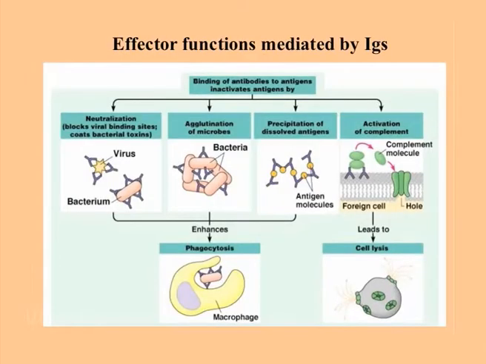Now, I will tell you about the effector functions mediated by immunoglobulin molecules. Binding of antigen to an immunoglobulin means nothing by itself. As an immunoglobulin binds to an antigen, a complex is formed called immune complex. The immune complex must be removed from the system. Now, immunoglobulins can function in a number of ways.